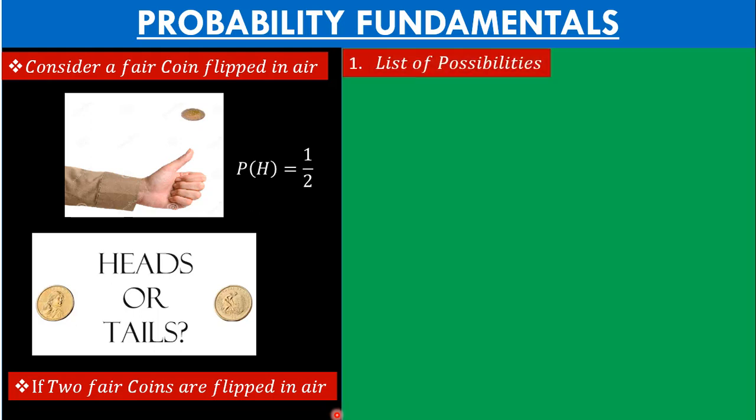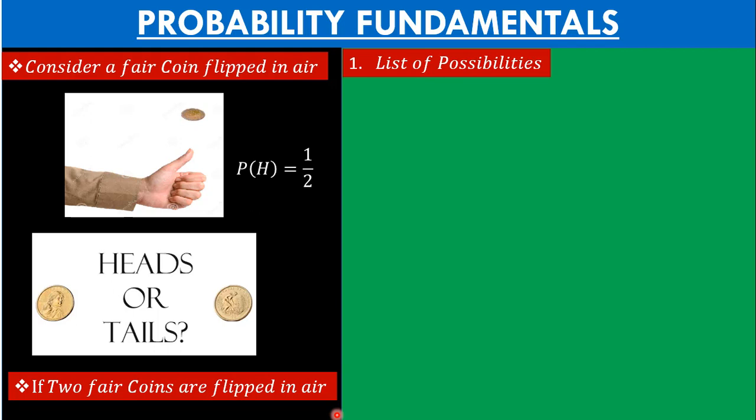Number 1, it is called the list of the possibilities, or in other words, you can say the sample space, all the possible events. The sample space for this particular event will be equal to: we can have head on the first and head on the second, so head, head; tail on the first and tail on the second, so tail, tail; and we can have head on the first and tail on the second, or simply tail on the first and head on the second.